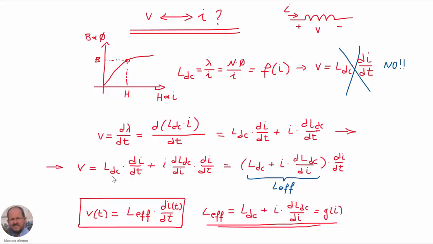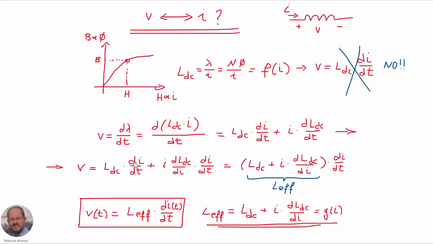So if we go further, then we can do like this here. We have the same expression, but here we are taking first the derivative of L_DC with respect to i, and then times the derivative of the current with respect to time.